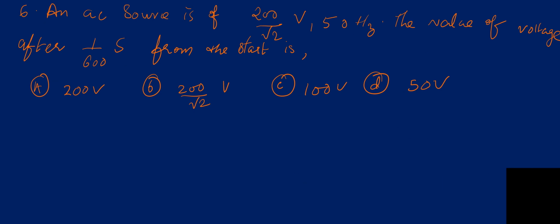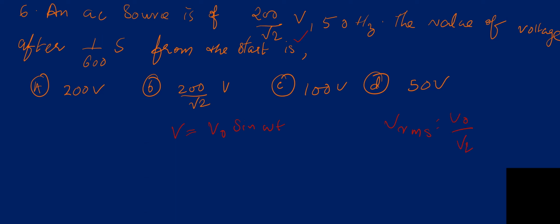An AC source is of 200 divided by root 2 volt 50 hertz. The value of voltage after 1 by 600 seconds from the start is? Equation for voltage is V equal to V0 sine omega t. And here Vrms is given. Vrms we know is V0 divided by root 2.